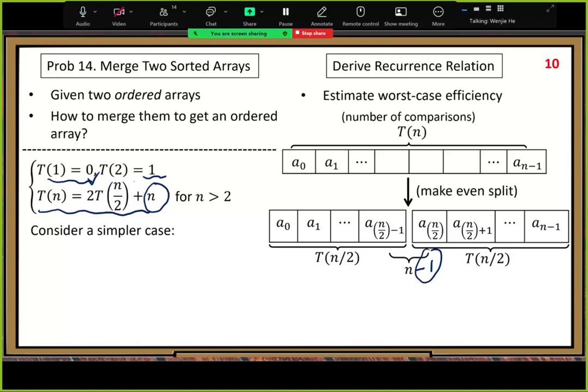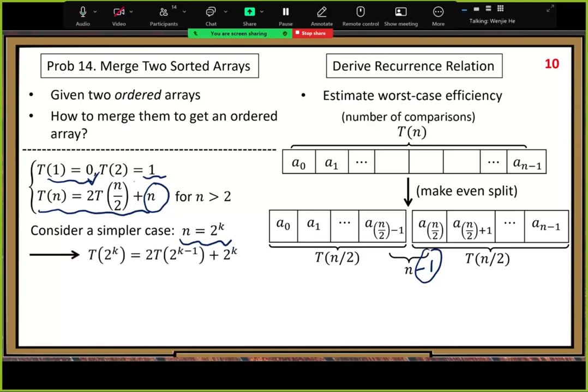So n is even, but because we need to do recursion through all the levels, we always want the data size to be even. The best we can get is n being a power of 2. Then we can always get an even number before the last step.